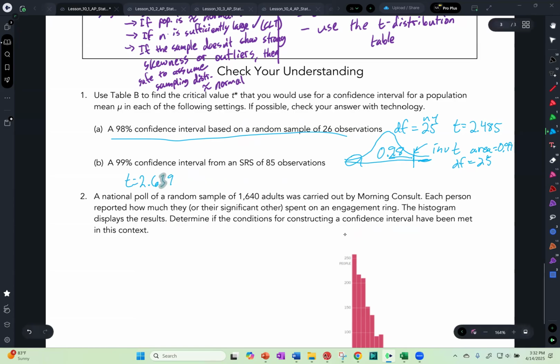The beautiful thing is I can do technology to get a more precise t value. And so this time 0.99 is in the middle, and so the area I'm going to use is 0.995, right? There's 1% in the two tails, split it in half to get everything below. Inverse t with that area and a degrees of freedom of 84.